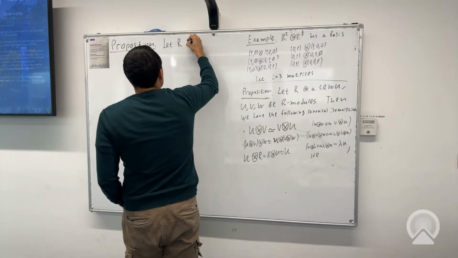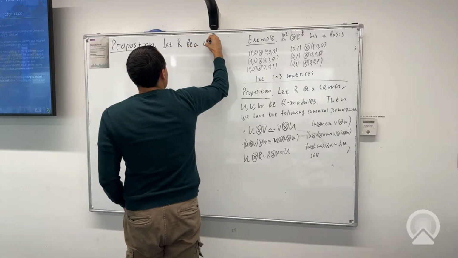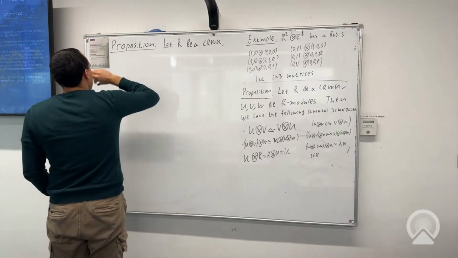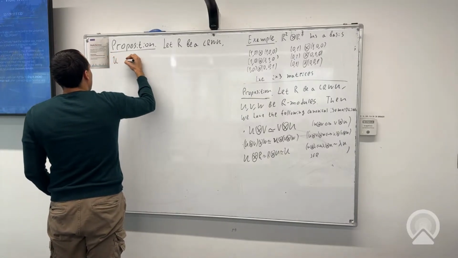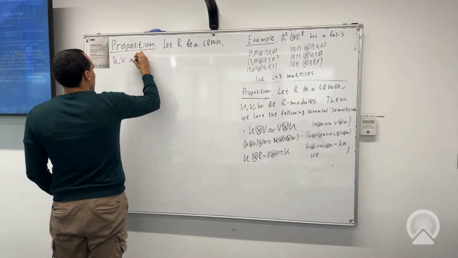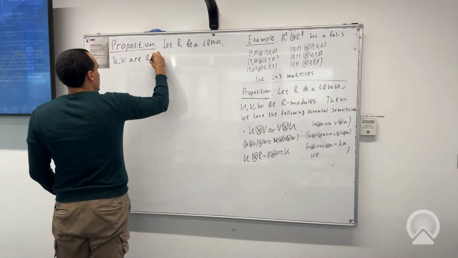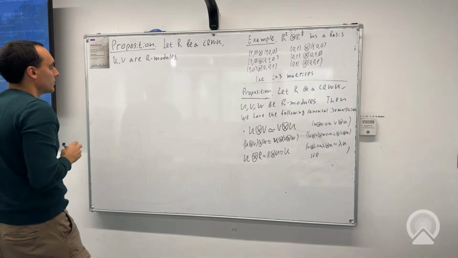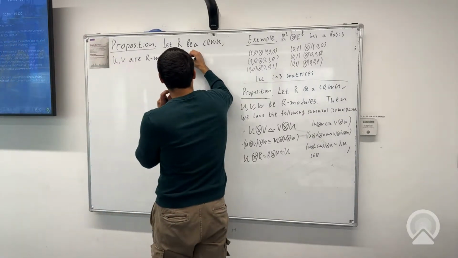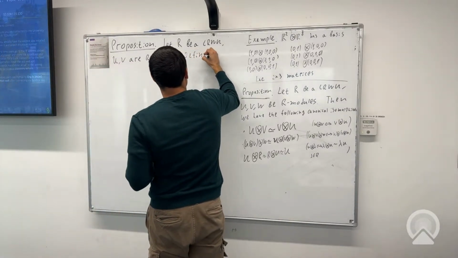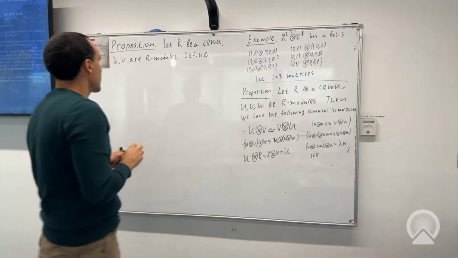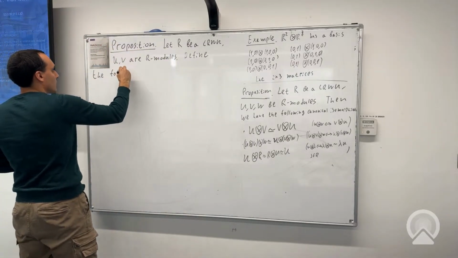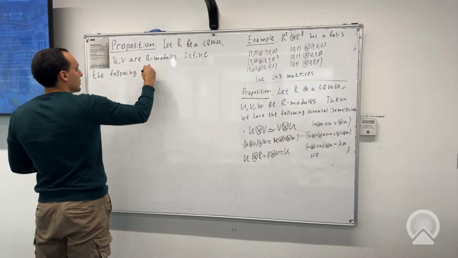Let R be a commutative ring with unity, and U, V be R-modules, and define the following canonical map.